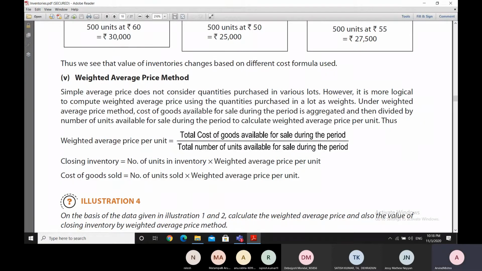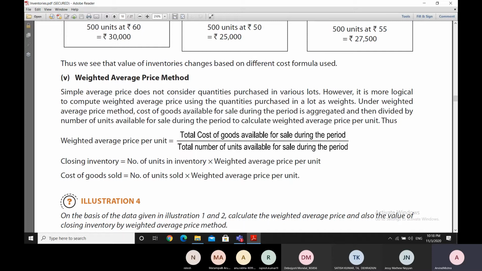And while aggregating the cost, we are not aggregating just the cost of one item, but we are aggregating the cost of all the items which were available for sale during the period of aggregation. And then that aggregate amount is divided by the number of units which were available for sale during that period.